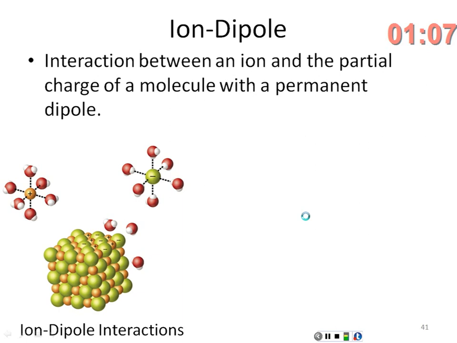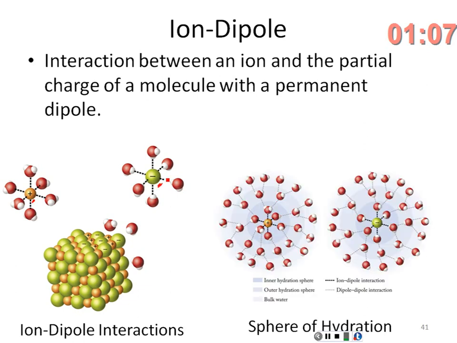The water has a permanent dipole, it's a polar molecule, and you see that it can align itself so the dipole interacts with the particular ion, the plus ion or the minus ion. And what you get from this is known as a sphere of hydration. So water molecules, these polar molecules, can form very ordered cages around ions.